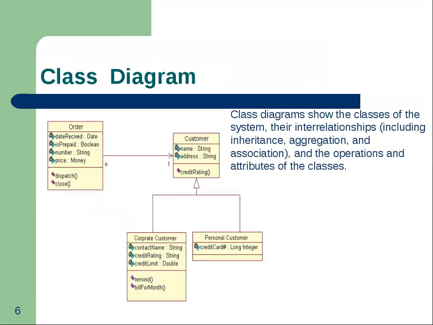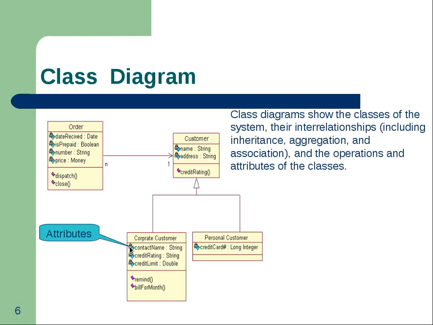Class diagram. We'll go more in detail in this later, but I want to make sure you have an idea. A class diagram shows the actual class itself. You describe the class here, and its interrelationships, including inheritance, aggregation, etc. We haven't talked about inheritance yet, but I want to show you can model them. When you have your object, it's going to look something like this. First is the name, so it'd be class order. Its attributes, contact name, type string.